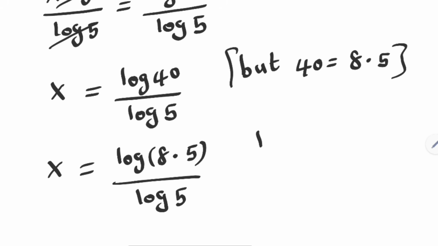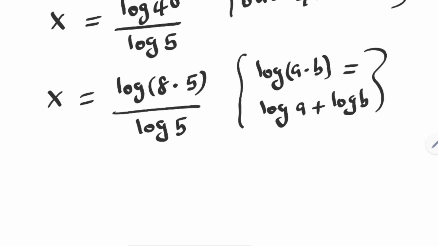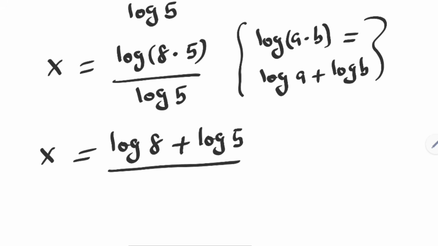If you have log a multiplied by b, this is equal to log a plus log b. Then this numerator can be written as, we have x is equal to log 8 plus log 5 divided by log 5.